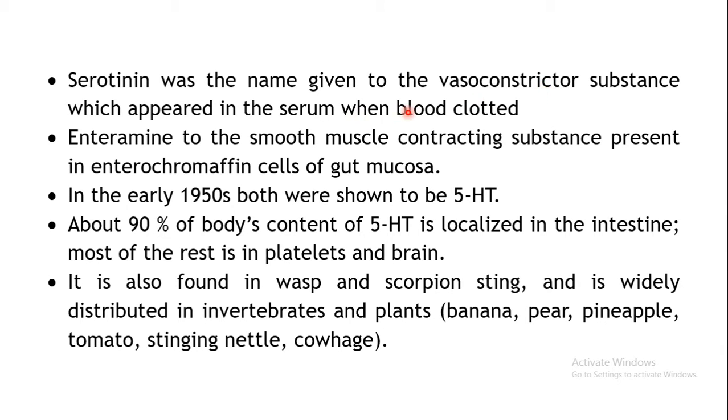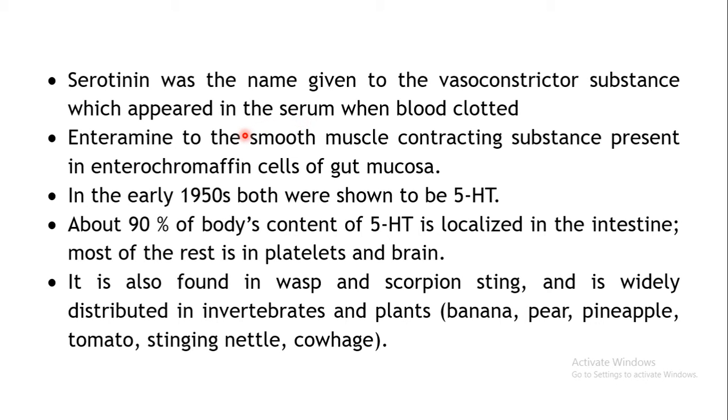It basically was found in the serum after the blood clotted, and was found to produce constriction of the blood vessels. The name given to this particular chemical was serotonin, because it was found in the serum.